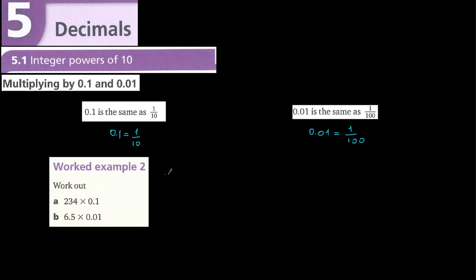234, when you multiply by 0.1, means that, I'm solving A1, 234 times 0.1 is equal to 234 times, actually we will use the multiplication sign, 234 times 1 over 10, which is equal to 234 times 1 divided by 10, which is equal to 234 divided by 10.